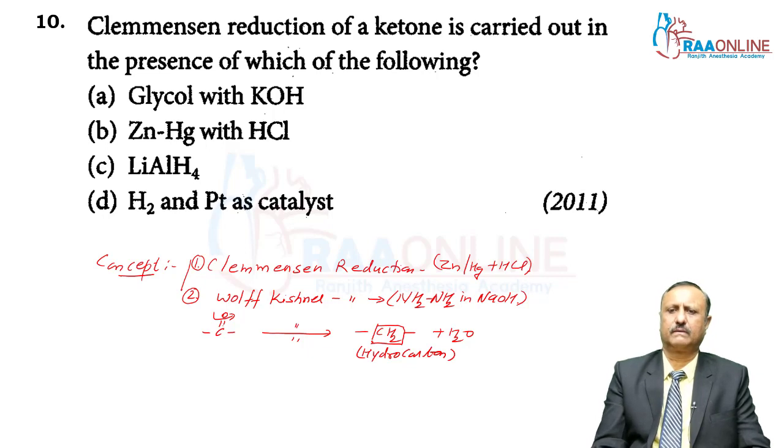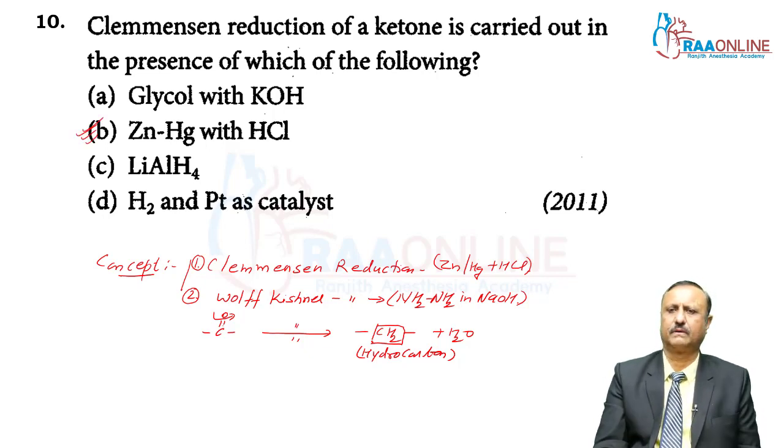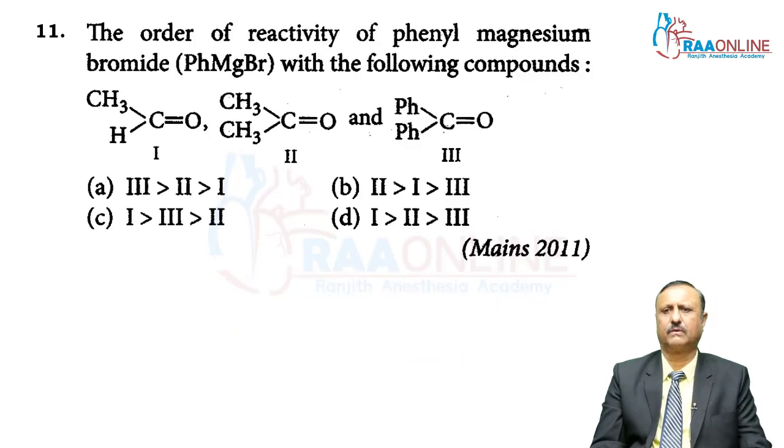So we can reduce ketones, or carbonyl compounds generally, by both reduction processes. In this question asked in NEET 2011, the answer is B, because it is a direct question: Clemmensen reduction of a ketone is carried out in the presence of zinc amalgam and HCl.